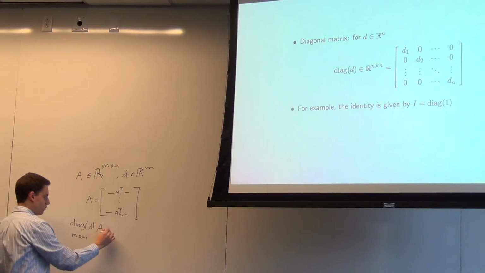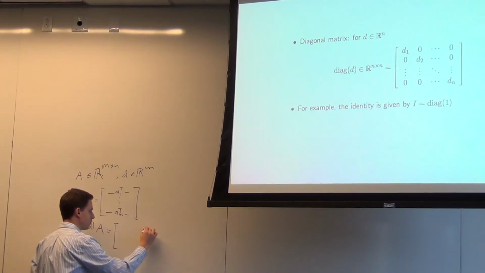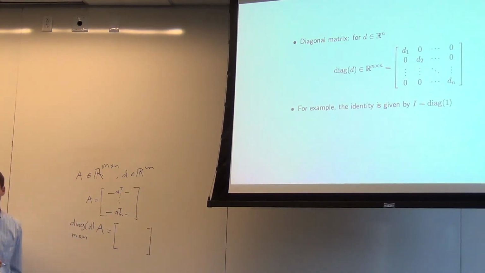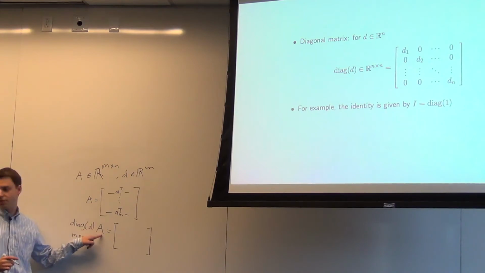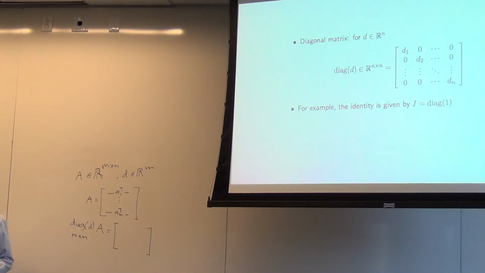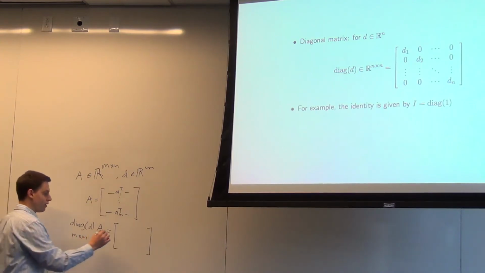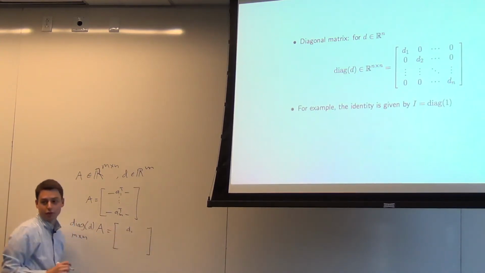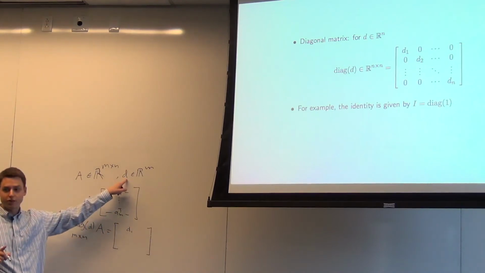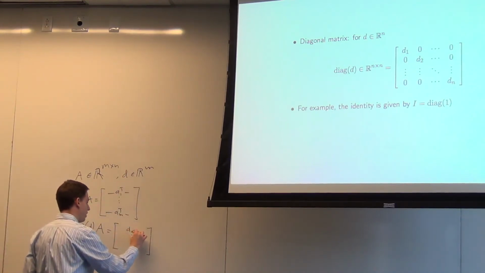And can people see what it's doing to the rows here? So what would the first row of diag d times A be? Exactly. So everyone get that? It's d1, which is a scalar value, remember, just the first element of this vector d, times a1 transpose.